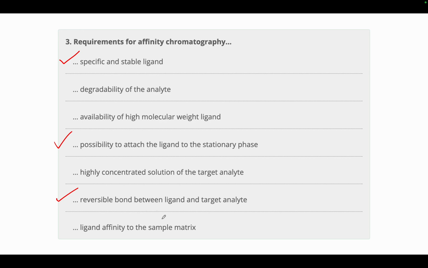Ligand affinity to the sample matrix. This is not required per se. We don't need the ligand to have any specific affinity for the sample matrix. We just need it to be able to bind. So we will say yes for now because we do require it to bind to the sample matrix, but it's not in the same way as we think of affinity chromatography. We just need some complementary group to bind the ligand.